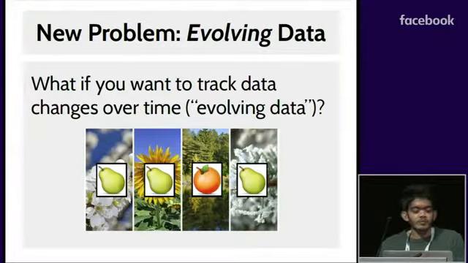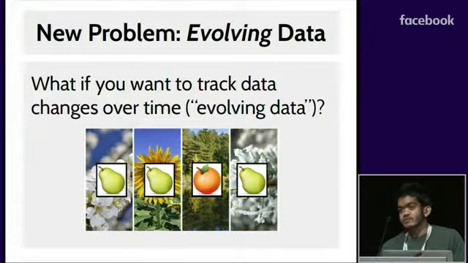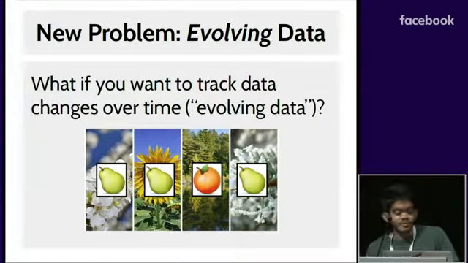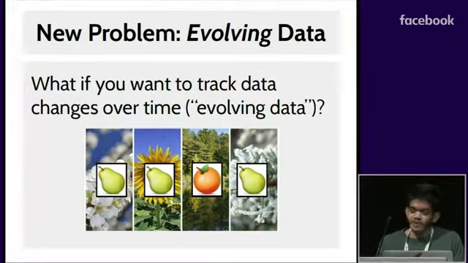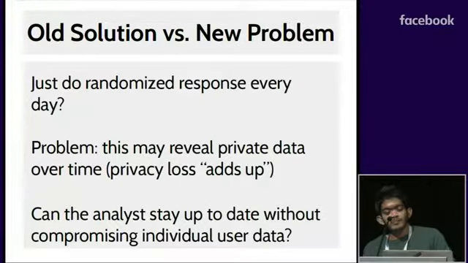So with this problem in mind, we can consider a twist where the data is changing over time. So for example, maybe in the spring and summer, people prefer pears, but then in the autumn, they start preferring oranges, and then they go back to preferring pears in the winter. And with this new problem, we can maybe just reuse the old solution and do randomized response every day.